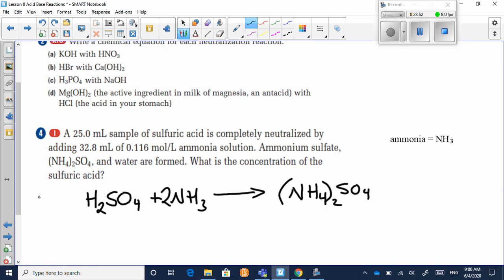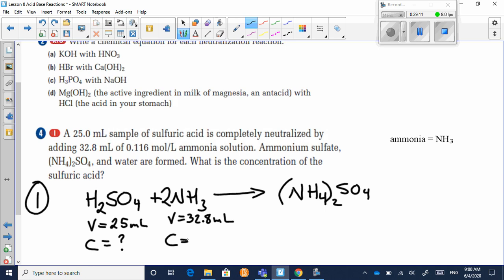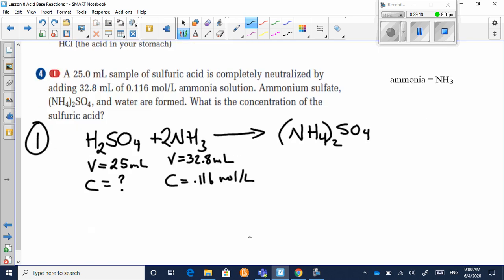And so that would be step number 1 of stoichiometry. Look at this, you've got a volume here of 25 milliliters. They're asking you to calculate the concentration of it, but you've been given a volume here of 32.8 milliliters, and they've given you a concentration of 0.116 moles per liter. And so here we go.